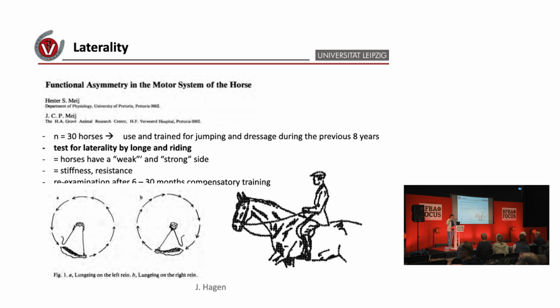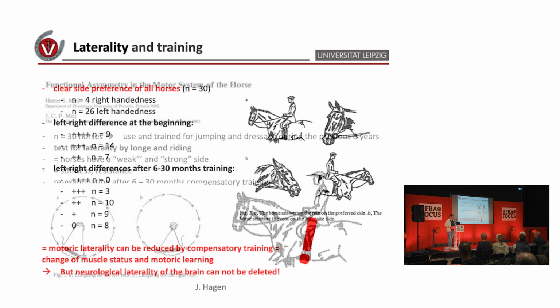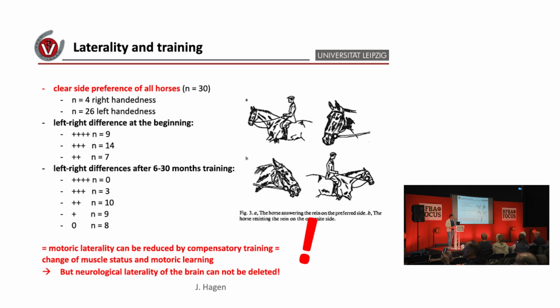So they have a preferred way to go in a circle, they have a preferred way to go on a lunge, and they tested the laterality and saw we have a high incidence. Yeah, so more or less all horses, except maybe, actually all horses showed a handedness. And the good thing is they trained these horses with a corrective training over 6 to 30 months, which is quite wide, but we know that we don't need that much time. Usually in our rehab stable, we need maybe 3 to 4 months to see the first things. If you make a good corrective training, it's very easy.